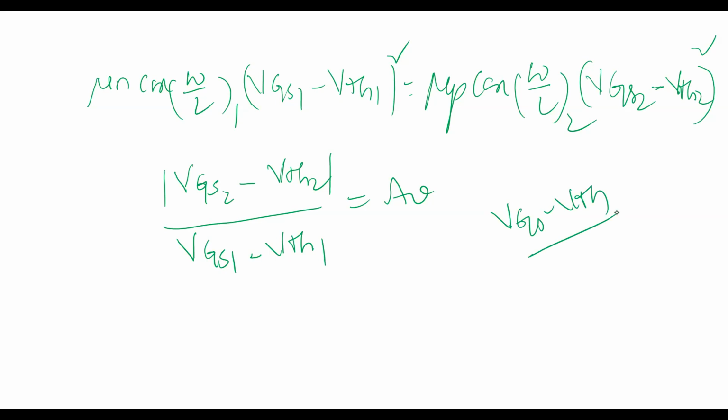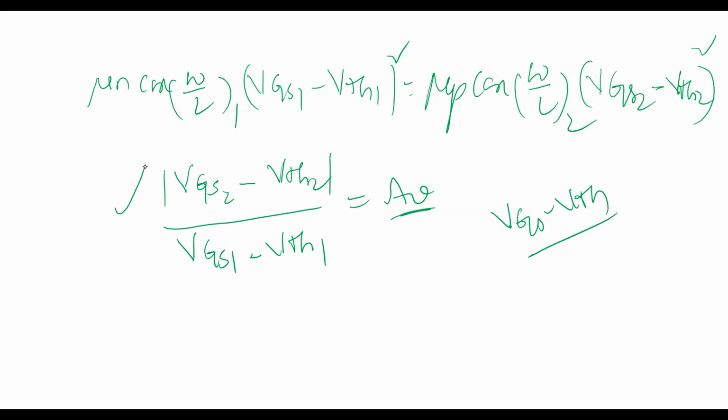So from this equation you can say, for high gain, suppose you want more gain, the numerator should be more. What is the numerator? The second device's overdrive potential. What is the second device? M2, in this case the PMOS device.